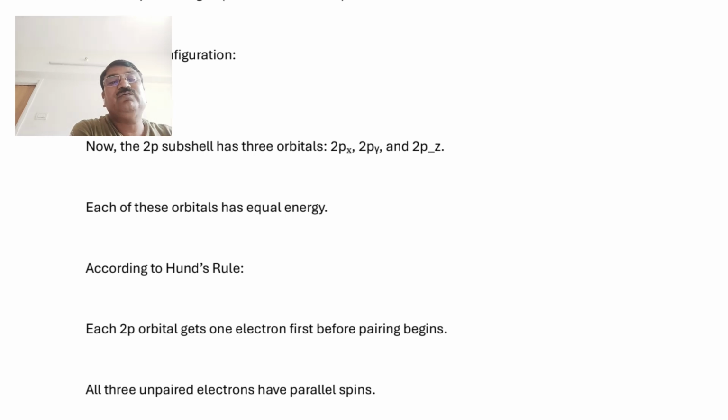So according to Hund's rule of maximum multiplicity, in the case of nitrogen, all 3 orbitals px, py, and pz have unpaired electrons with parallel spin. Understood? This is Hund's rule of maximum multiplicity.